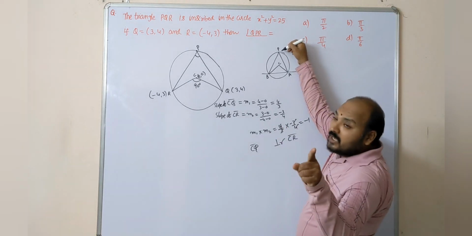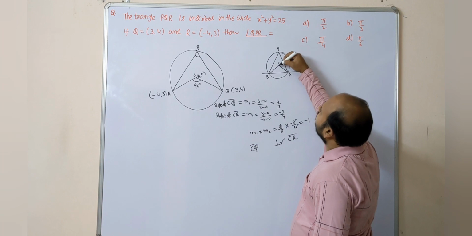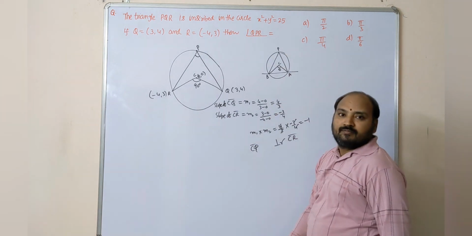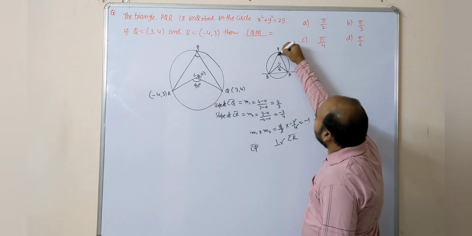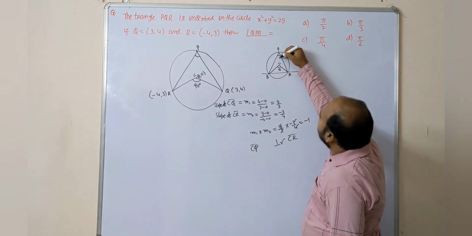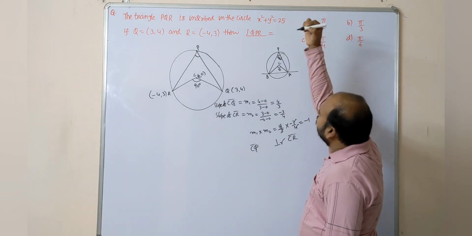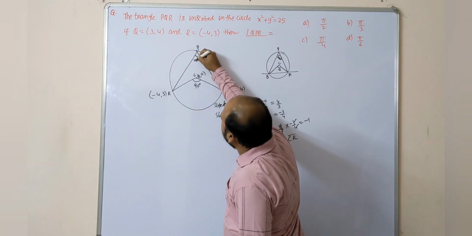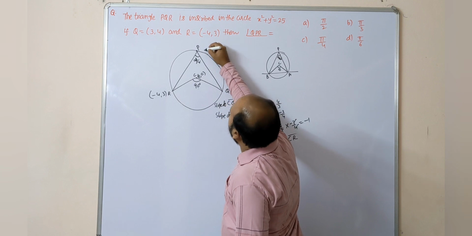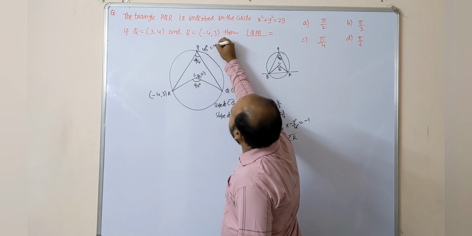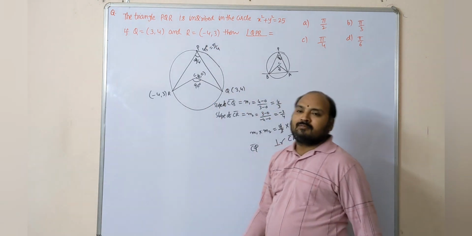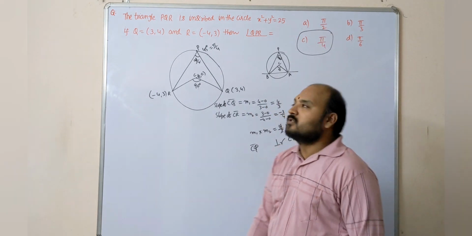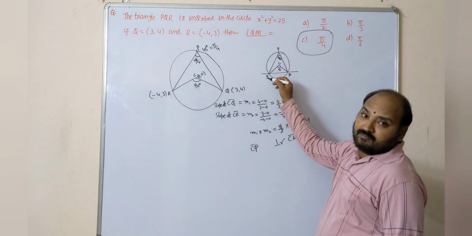The angle at the center is theta, then the angle at the major sector is half of that, theta by 2. So here 90 degrees means 90 by 2, that is 45 degrees, which is pi by 4. That's the answer, pi by 4. So you can apply this formula.